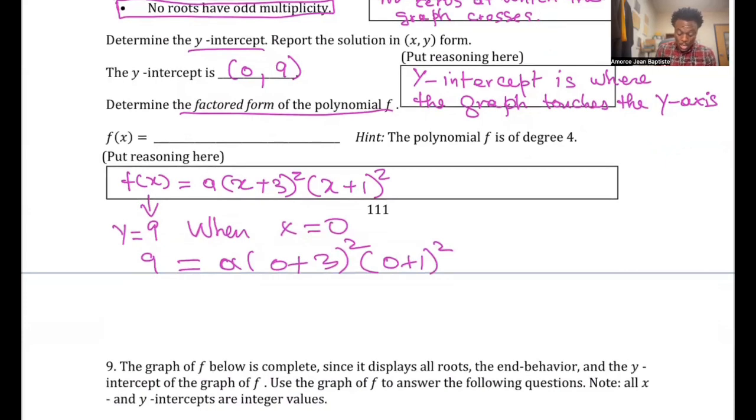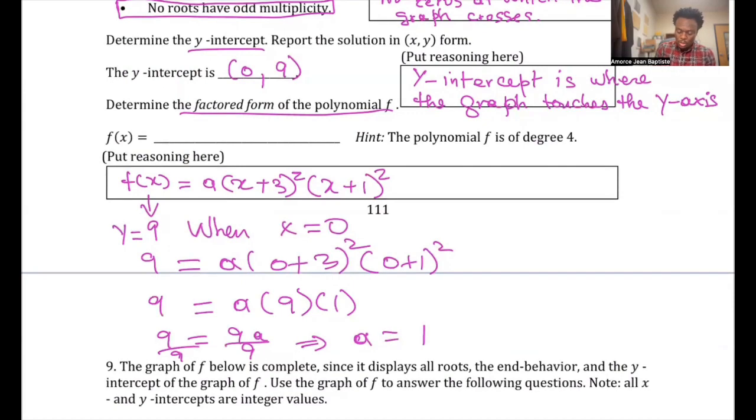So that's 9 equals a times 0 plus 3 is 3, 3 squared is 9 times 1. So 9 equals 9a, divide by 9, we get a equals 1. So we get f of x.